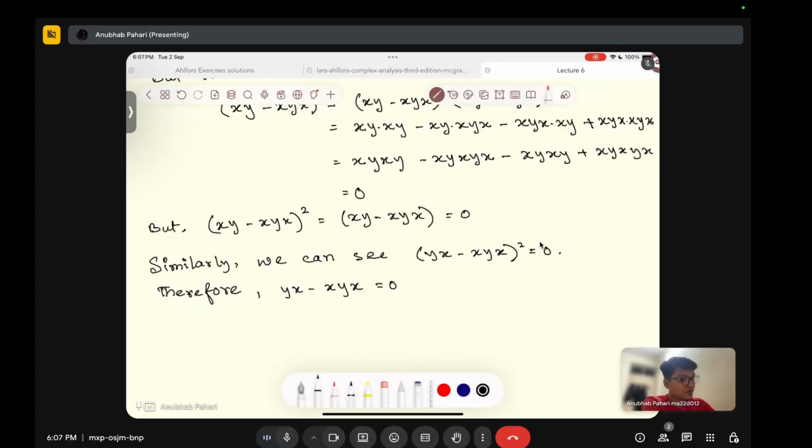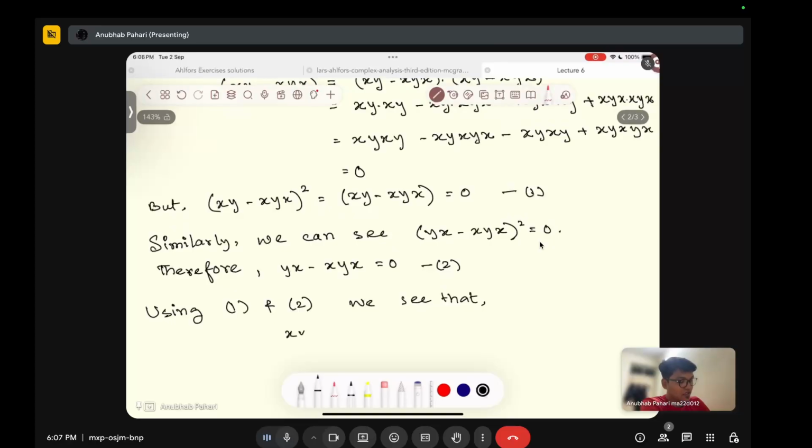And if you note this by 1 and this by 2, now using 1 and 2 we see that xy equals to xyx equals to yx.